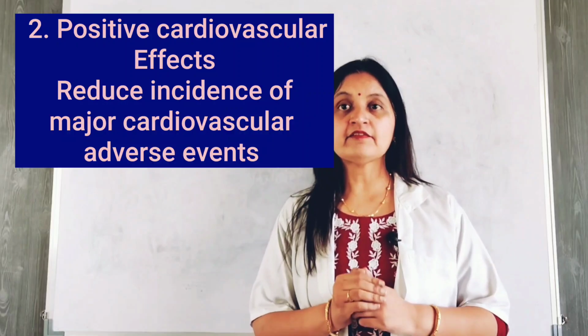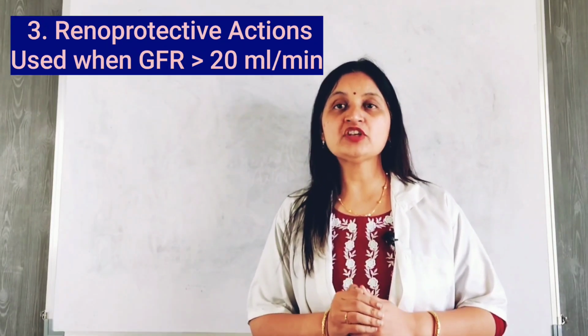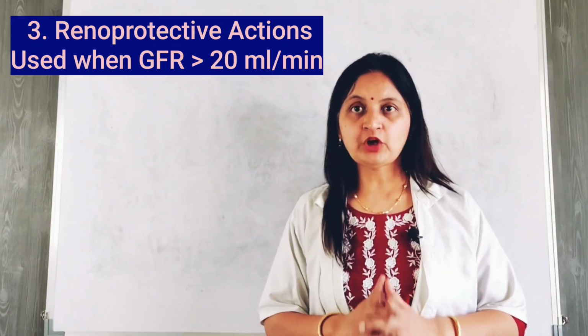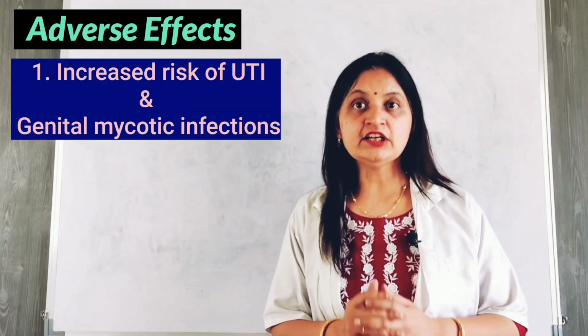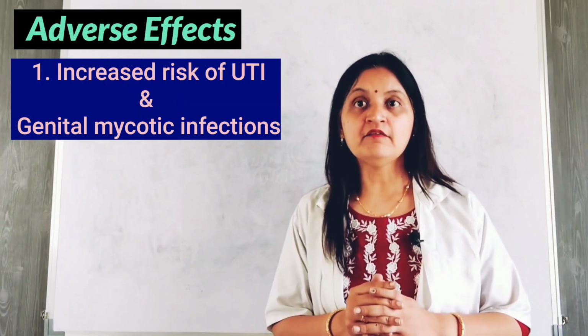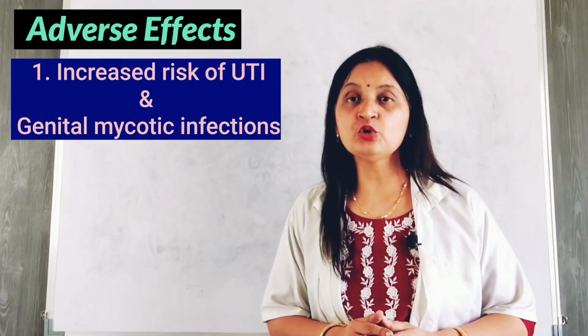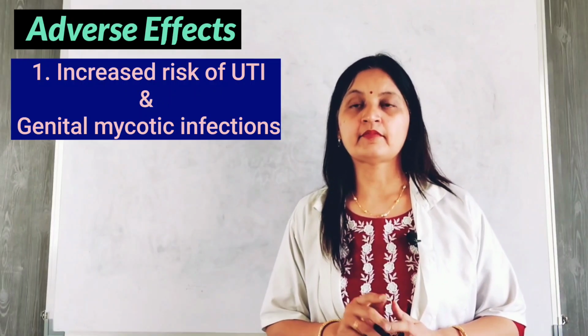They have renoprotective actions and are suggested in chronic kidney disease patients when the GFR is greater than 20 ml per minute. Some of the common adverse effects that are reported are urinary tract infections, genital mycotic infections such as vulvovaginal abscess, vulvovaginitis, candidiasis, and also cases of urosepsis and pyelonephritis have been reported.